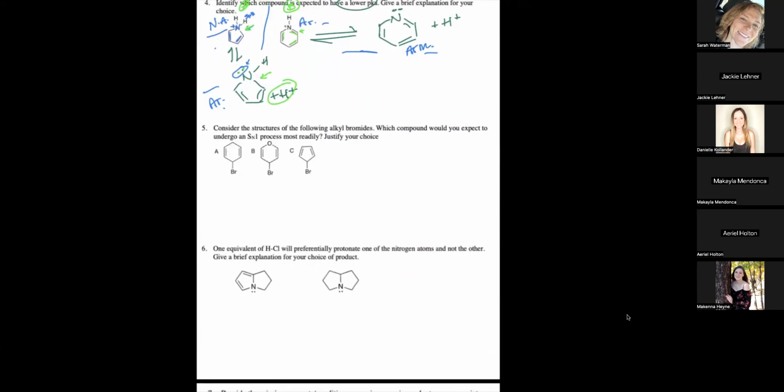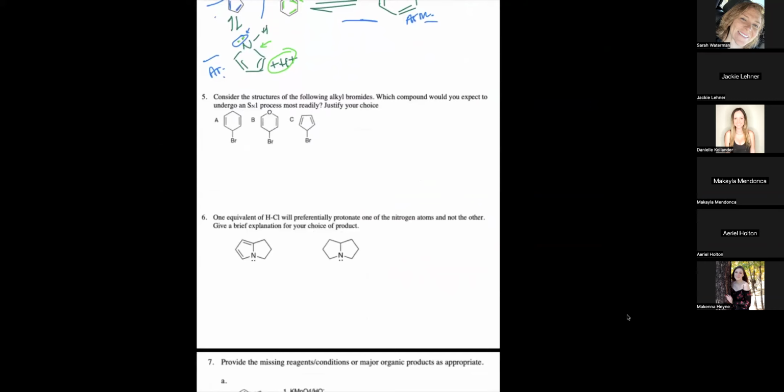Whereas over here, it has no lone pairs and no double bond to donate, which makes this a non-conjugated system. Whereas here in this second structure, once we've dissociated the hydrogen, now we have a lone pair that can contribute to this system, making it conjugated. Does that make sense? Yeah, thank you for clarifying.